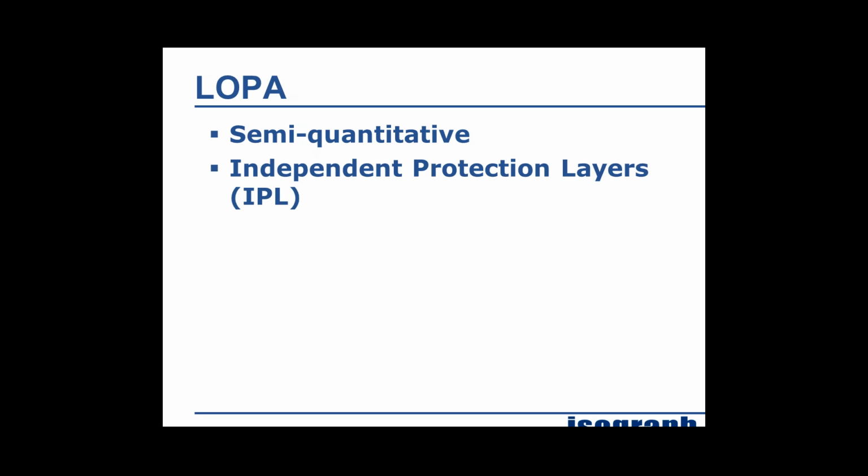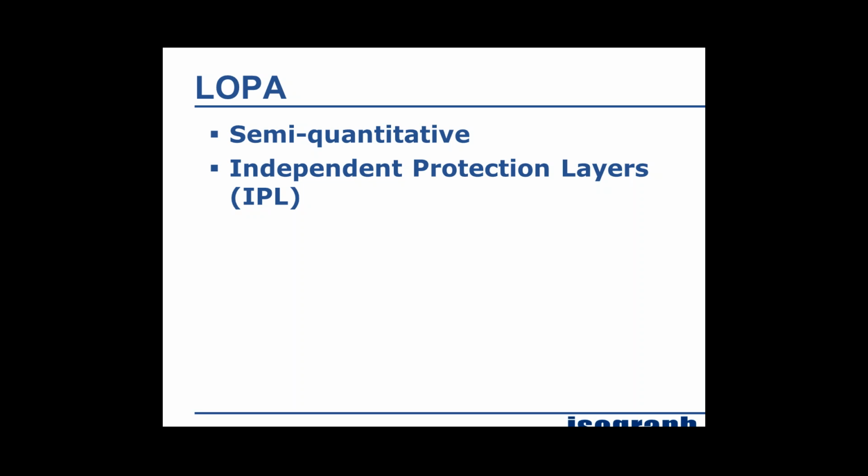One of the requirements of traditional LOPA is that the protection layers be independent, and that's partially because of the simplistic math, that semi-quantitative simplistic math that a traditional LOPA would use. It would work basically like that event tree that we were just looking at, where you just multiply probabilities of each layer of protection successfully operating.